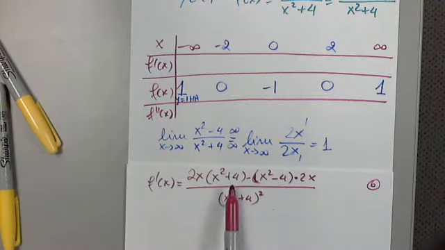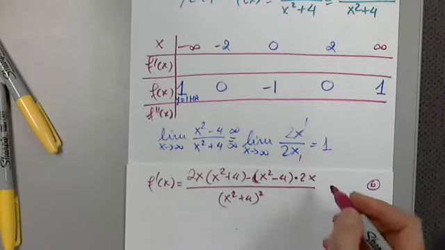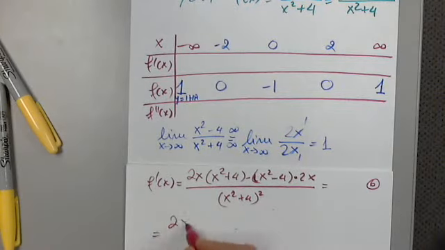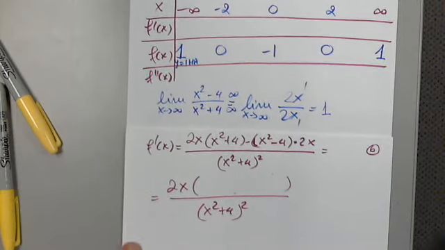So 2x times the denominator minus the numerator times the denominator prime over this. I will definitely factor out 2x. Always factor out as much as you can because you will make everything easier to work with.